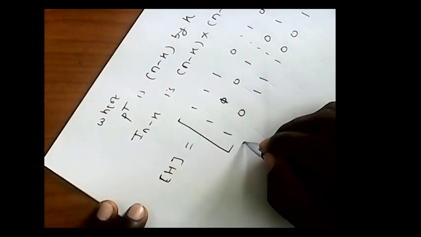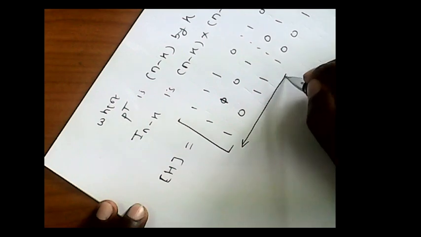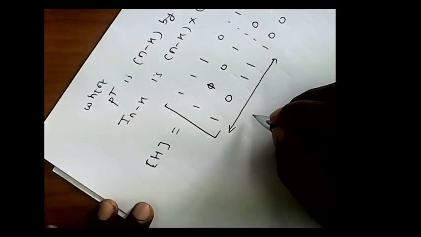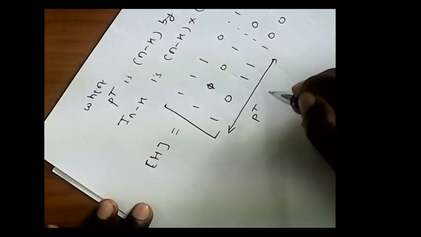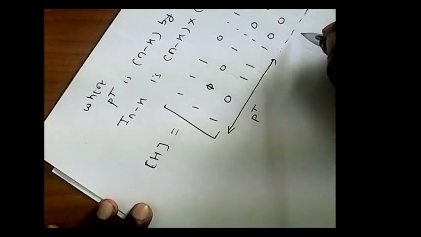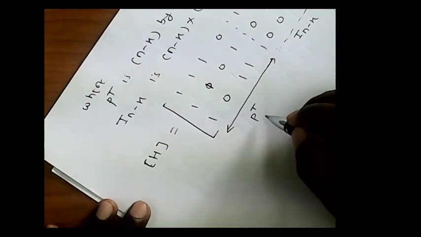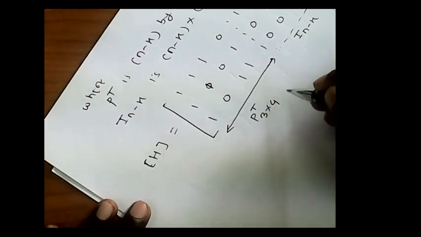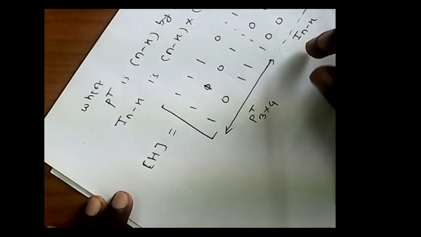So this is your P transpose, and this is your identity matrix of order n minus k. The transpose of the parity matrix is of order 3 by 4, and the identity matrix is of order 3 by 3.